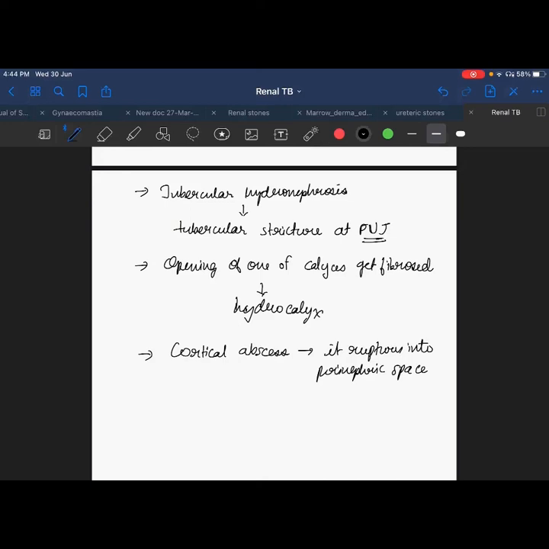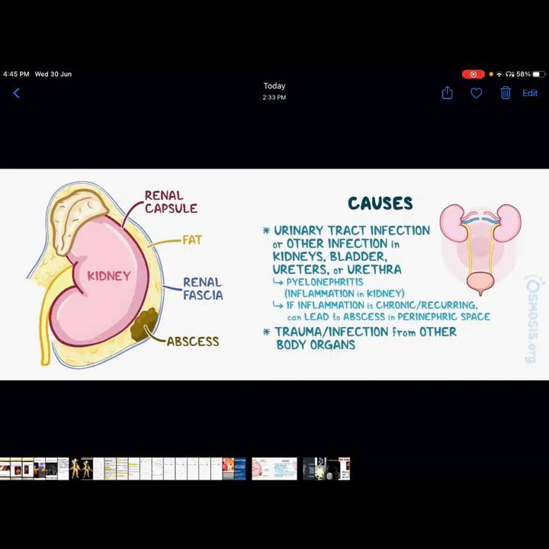Perinephric means around the kidney, and it will lead to tubercular perinephric abscess. See here, you can see the abscess. The renal cortex will have an abscess, and it will spread to the perinephric area. Here the abscess is formed outside the kidney. That is known as perinephric abscess.